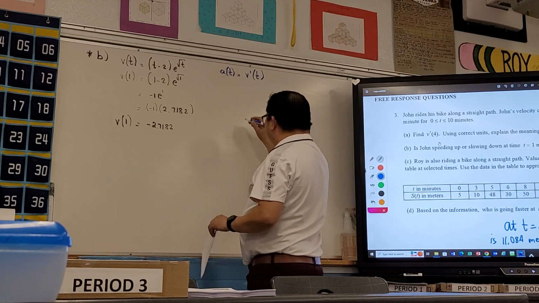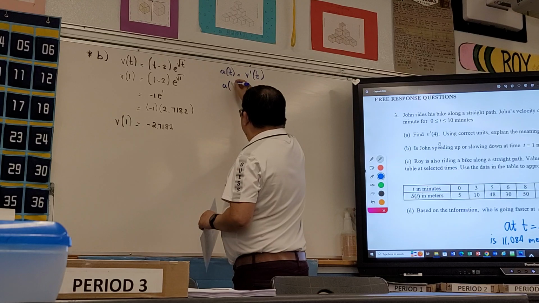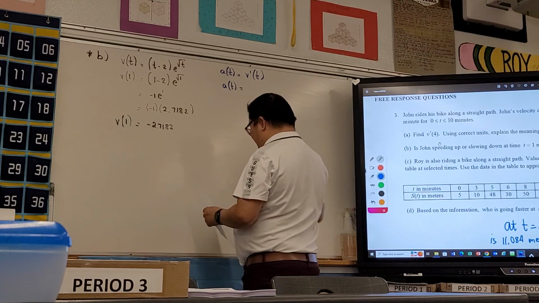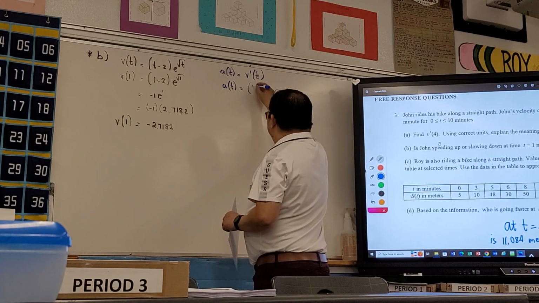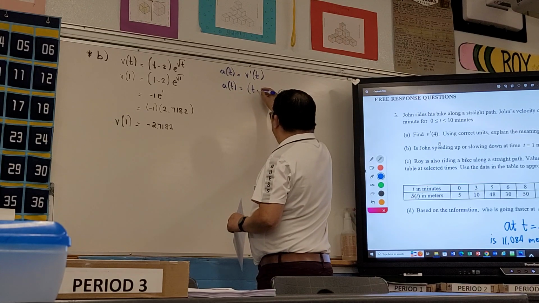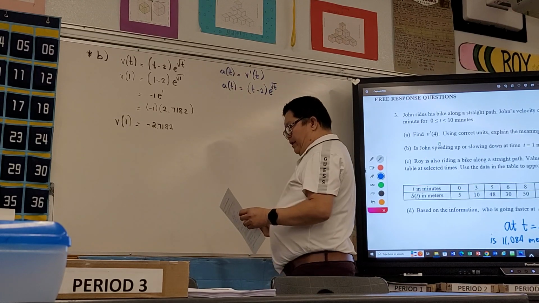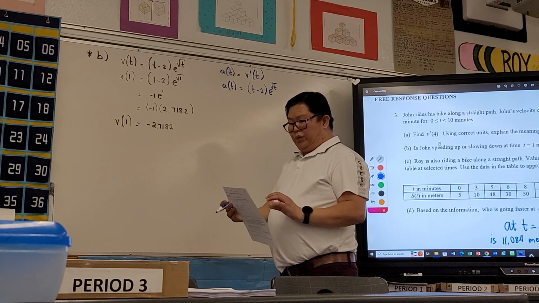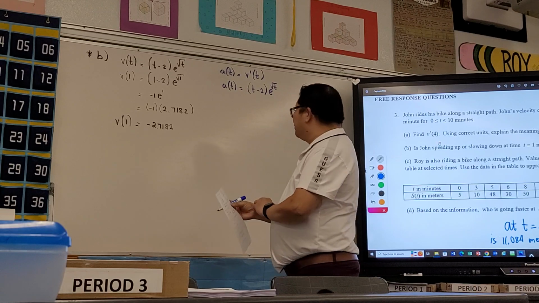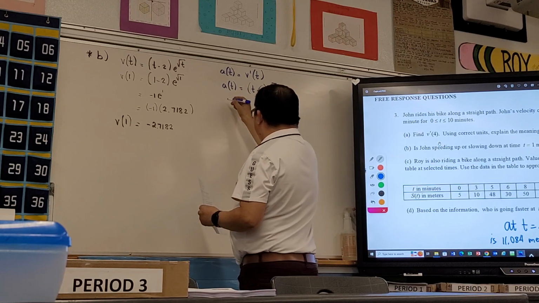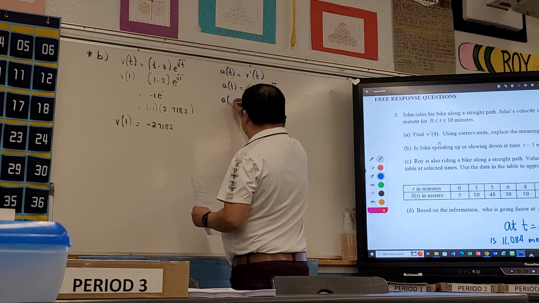So A(t) is equal to (t minus 2) times e to the square root of t. And we have to do it at t is equal to 1.